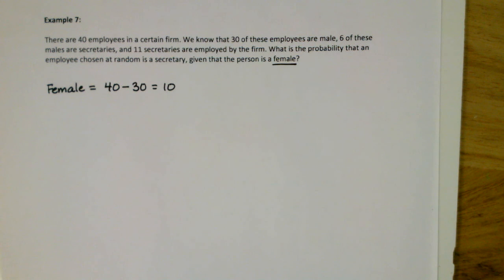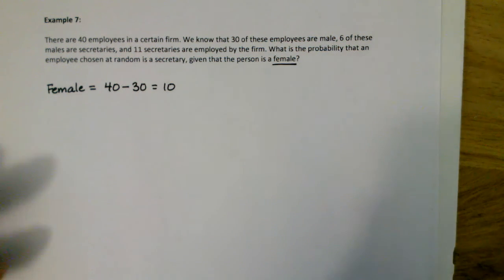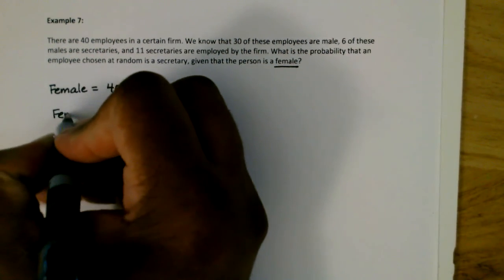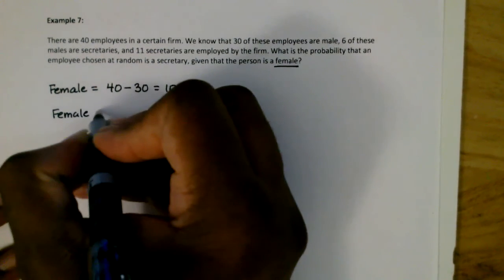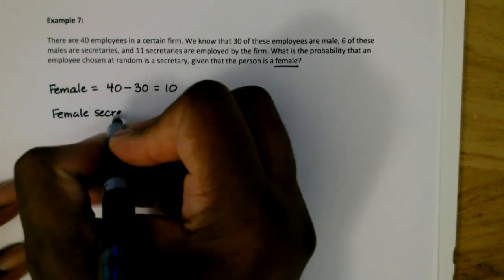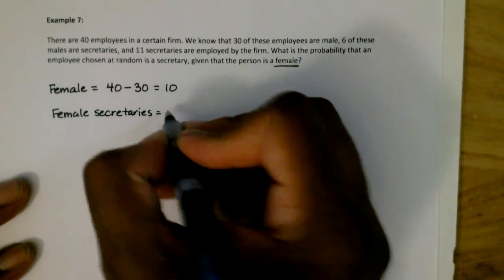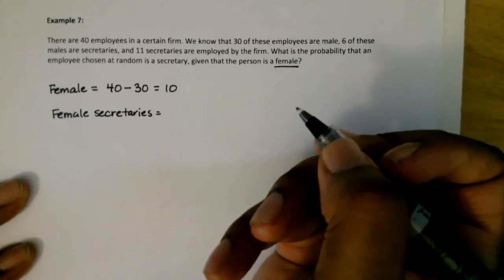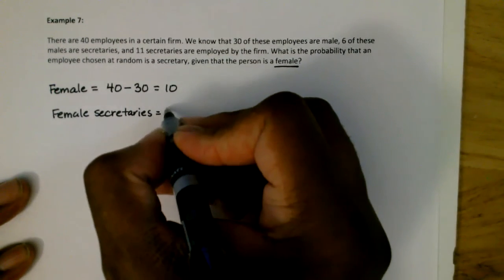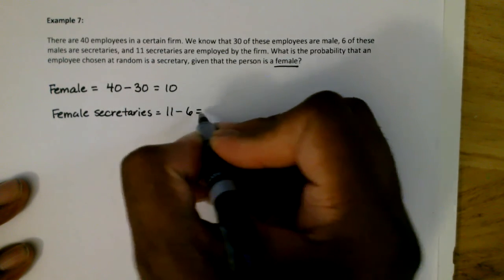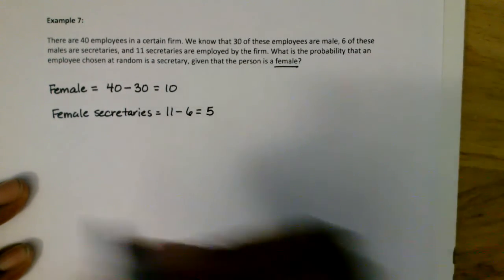I also know something else. 6 of the males are secretaries, and 11 are employed by the firm. Let's find out how many female secretaries we have. Okay, 6 of them are male, but 11 secretaries are employed by the firm. Subtract 6 from 11, you're going to get 5.